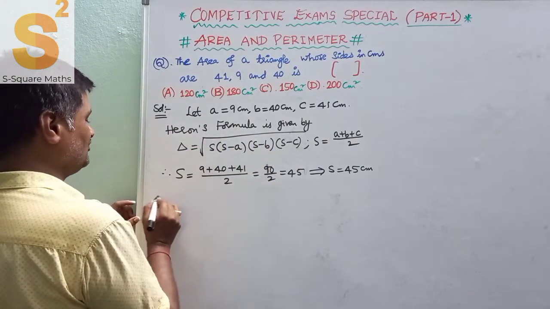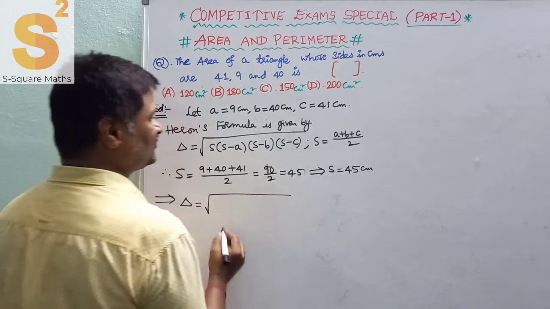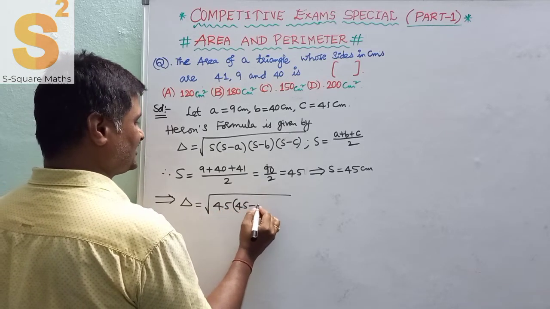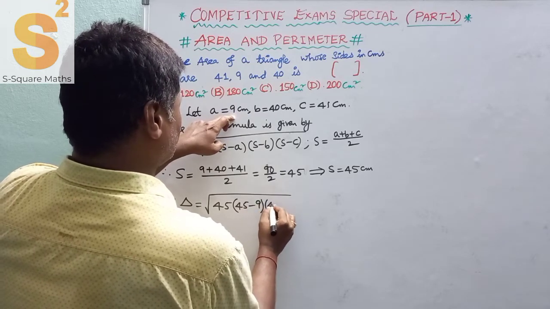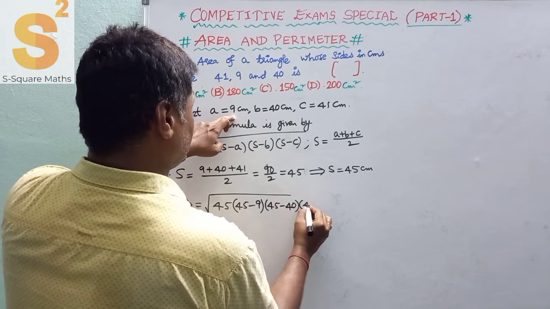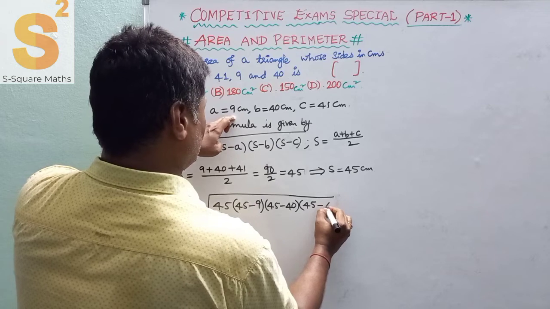So this implies delta is given by root of 45 into 45 minus A, which is 9, and B is 40, and S minus C, 41.